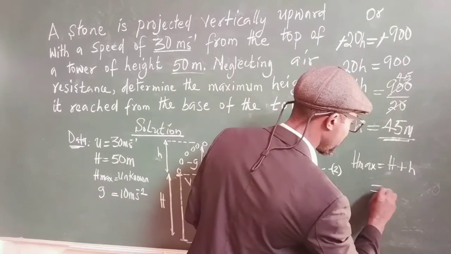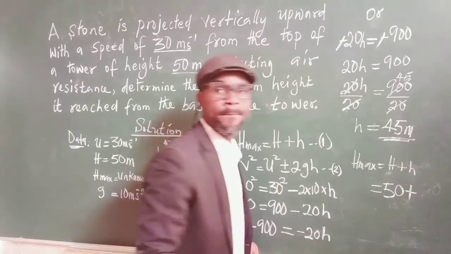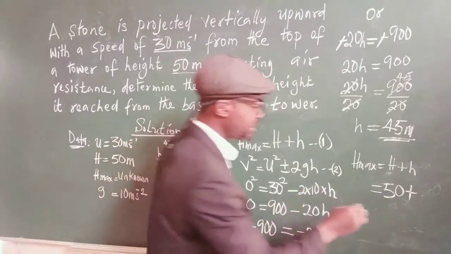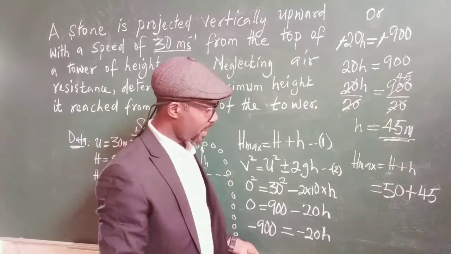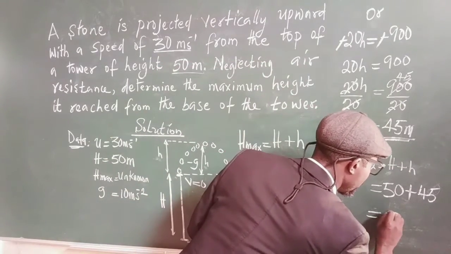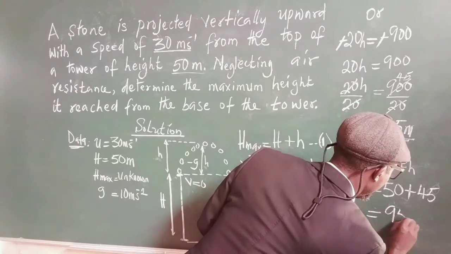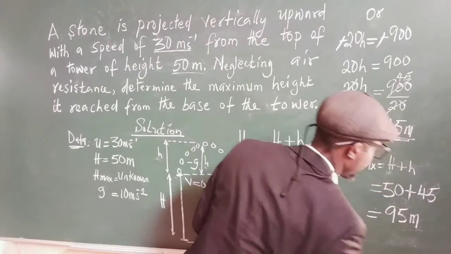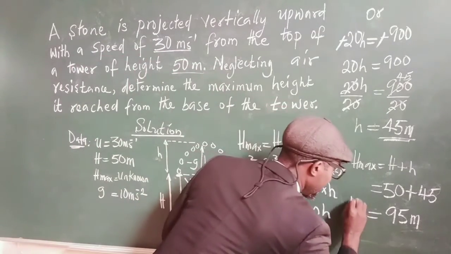And we have the height of the tower is 50, right? Okay? The height of the object is 45. Are we there? Okay? And this will give us a total of 95 meters. That is the maximum height.